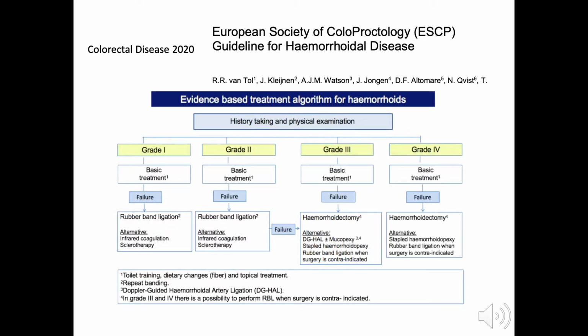Here is the algorithm in the European Society of Coloproctology guideline. You can see surgery is in grades 3 and 4. The operation indicated is hemorrhoidectomy, and in alternative, stapled hemorrhoidopexy and Doppler-guided hemorrhoidal artery ligation with or without mucopexy.